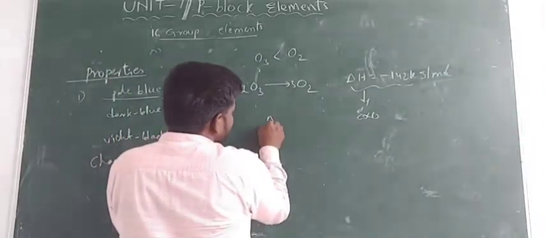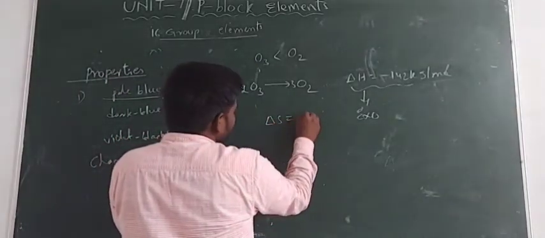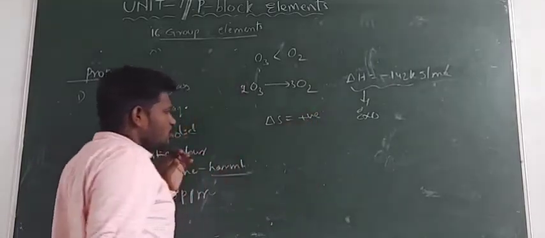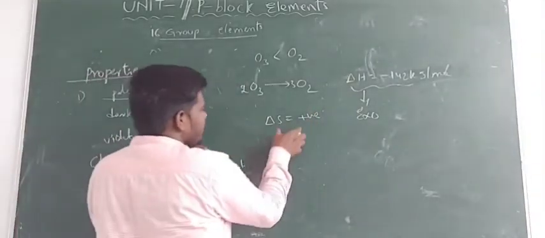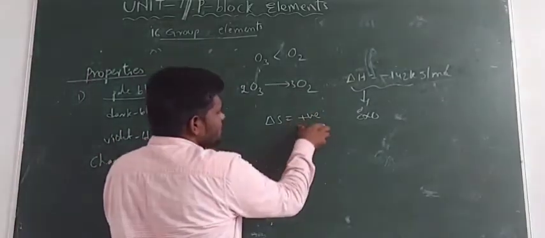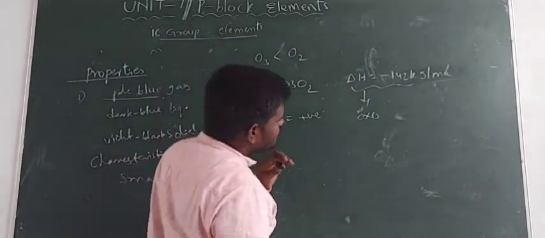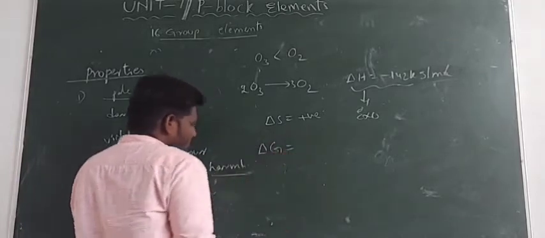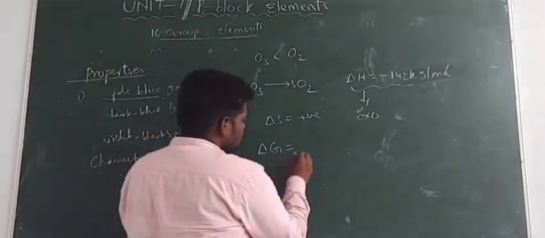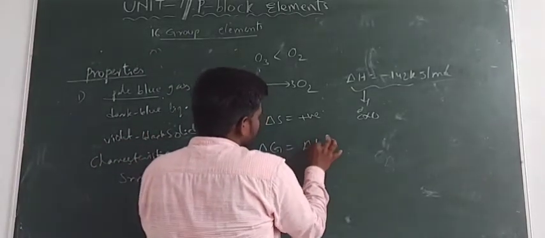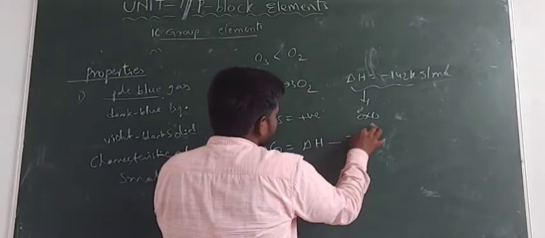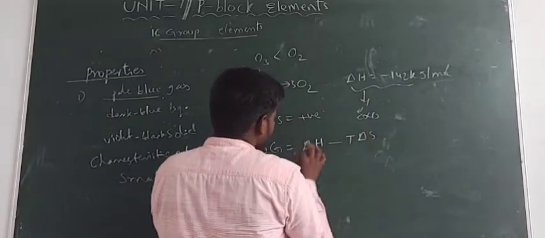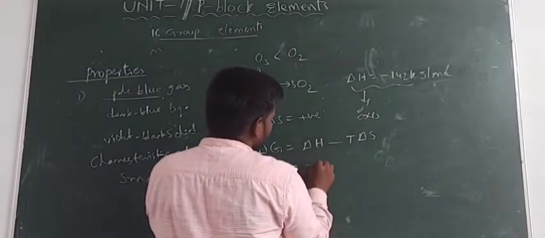And for this reaction the change in entropy is also positive because the number of moles increases here. So now delta S, that is entropy, is positive, and delta H is negative. From this we can find out the delta G. You know that delta G equals delta H minus T delta S. Now delta H is a negative value here.